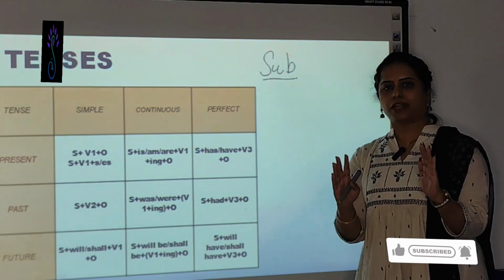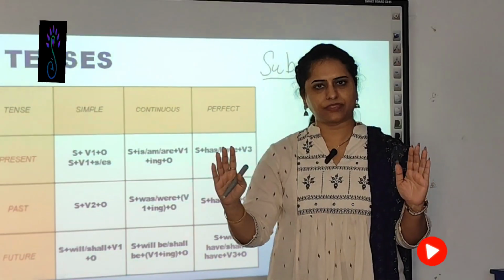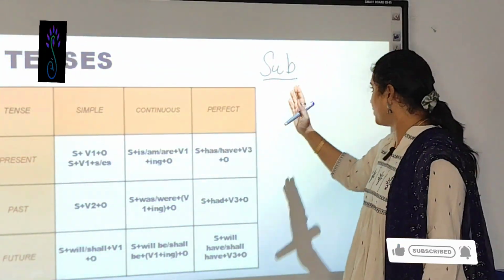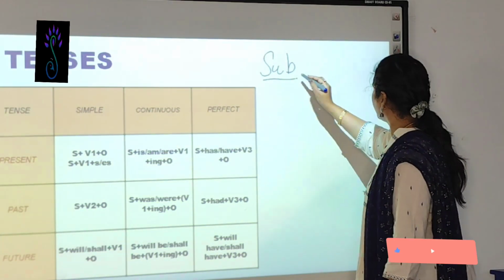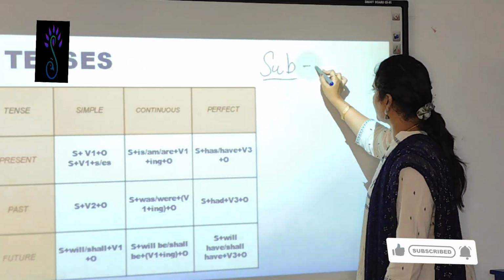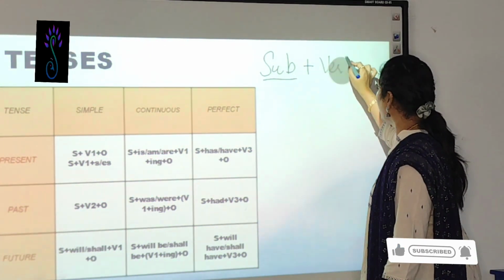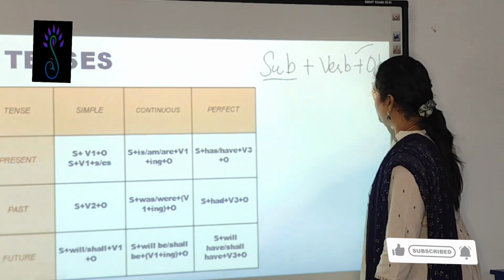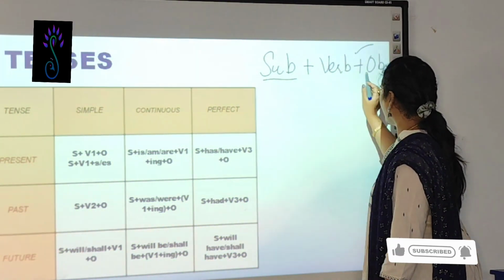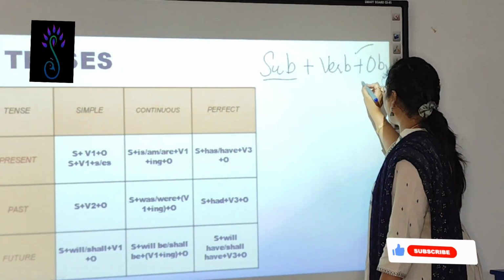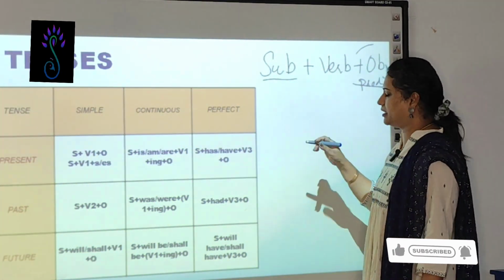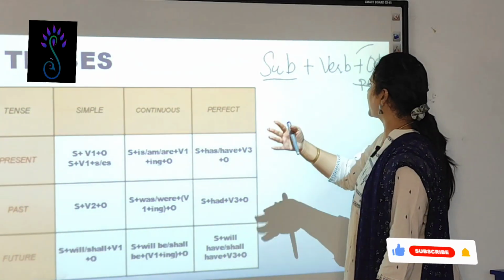A phrase is a part of the sentence which doesn't have a meaning. A sentence will have a subject, verb and object. Sometimes it may not have an object: subject, verb, and the rest of the part you call predicate. You have learnt that in your lower classes.